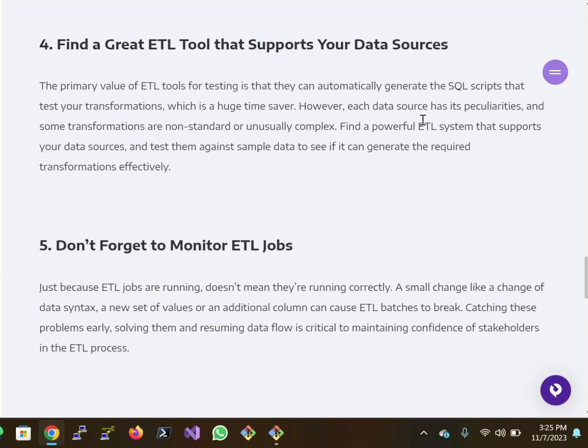However, each data source has its peculiarities, and some transformations are non-standard or unusually complex. Find a powerful ETL system that supports your data sources and test them against sample data to see if it can generate the required transformations effectively.